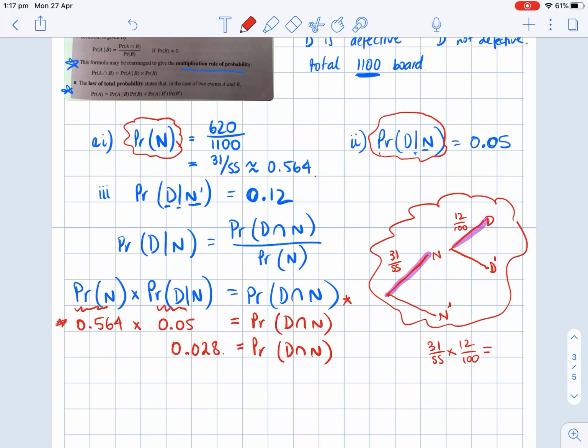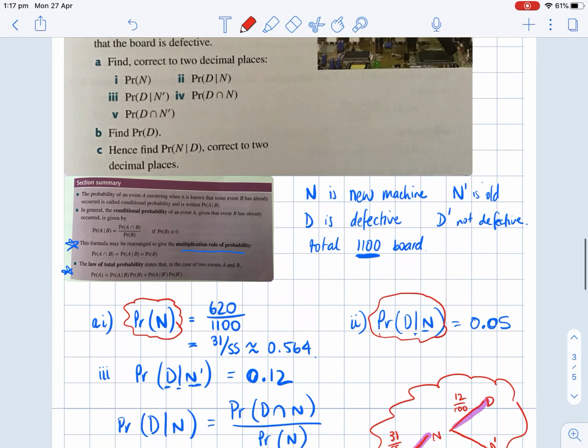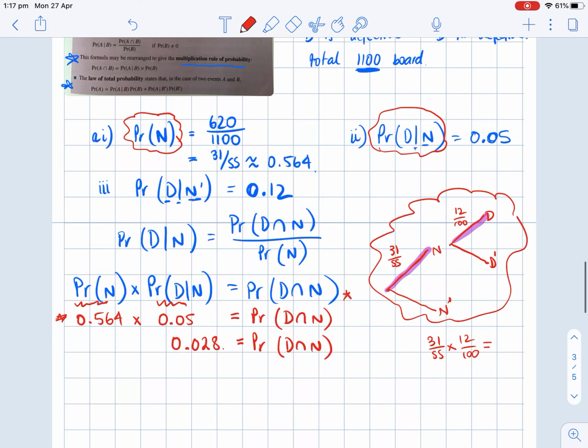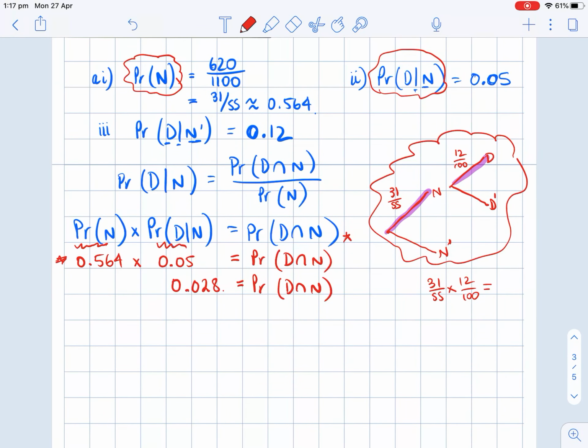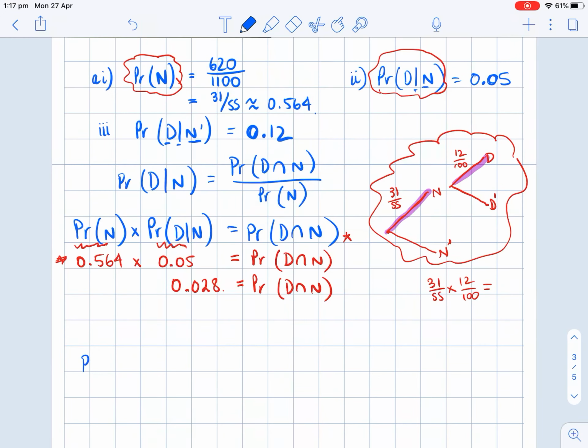Okay, same process for part 5 of the question, defective and not from the new machine, or defective and from the old machine. So I can jump straight to my formula now. The probability that it is defective and from the old machine is going to be equal to the probability that it's from the old machine times the probability that it is defective from the old machine.